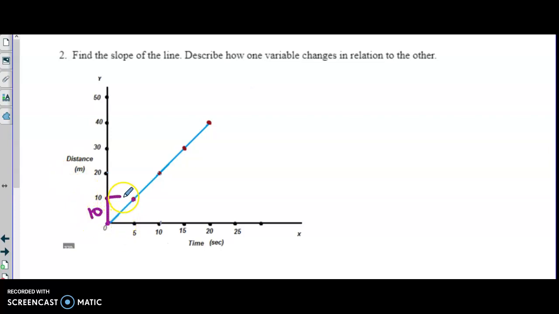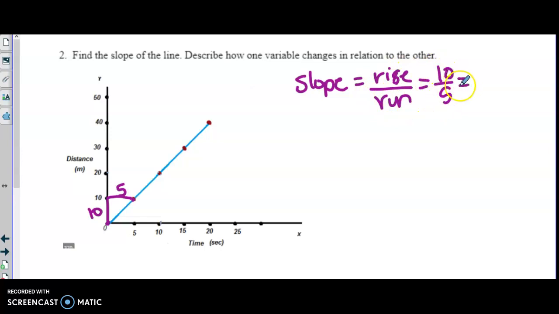And then when I run over, it goes from 0 to 5. So my run, or my change in x, is 5. So my slope here, if I did rise over run, would equal 10 over 5, which if you reduce that, it's actually just 2 over 1 or 2. It could be written either way.